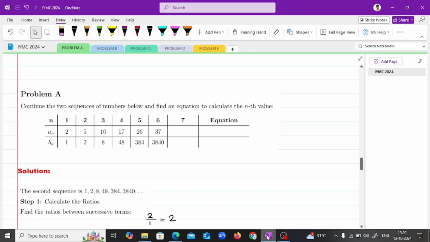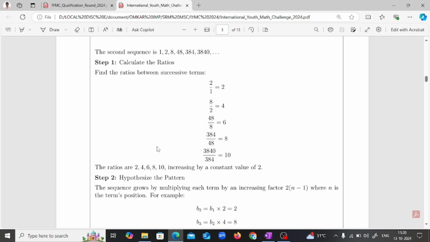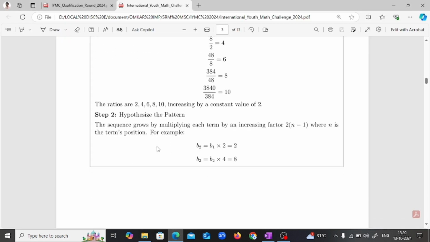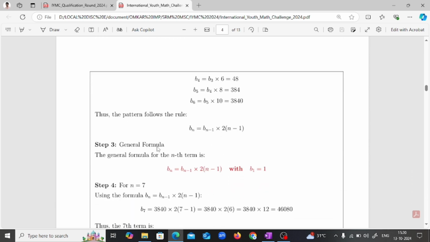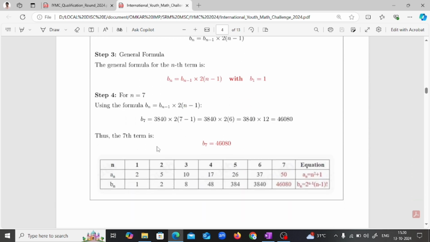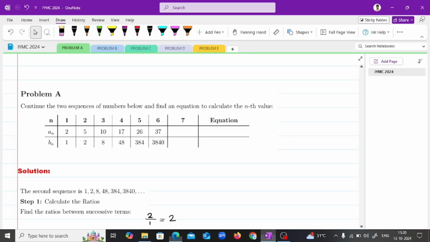I will show the solution once again so that you can take a screenshot. And that's it. We have successfully solved both the sequences from problem A of the IYMC qualification round.